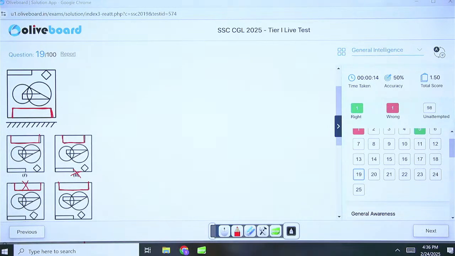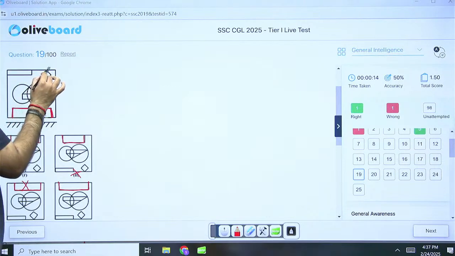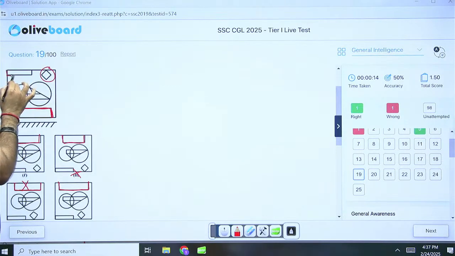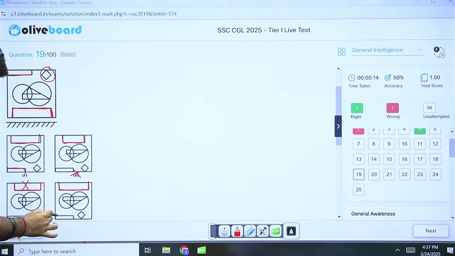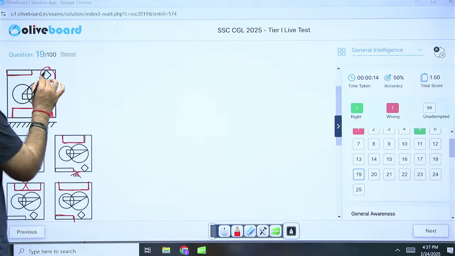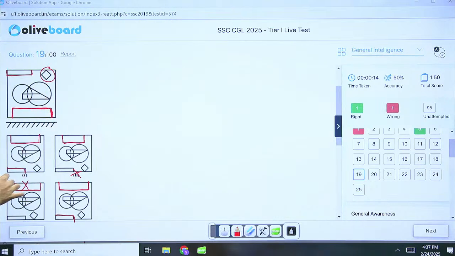Now observe the kite part very carefully. This rectangle is easy because it is starting from the corner and almost coming to halfway. Starting from the corner, almost coming to halfway. Both of them are almost similar. But if you observe, the kite part is closer to the end here, and farther from the end here.